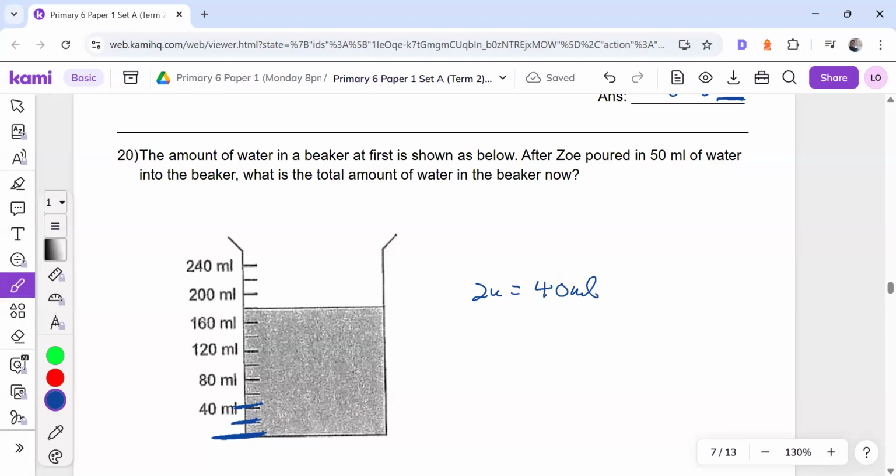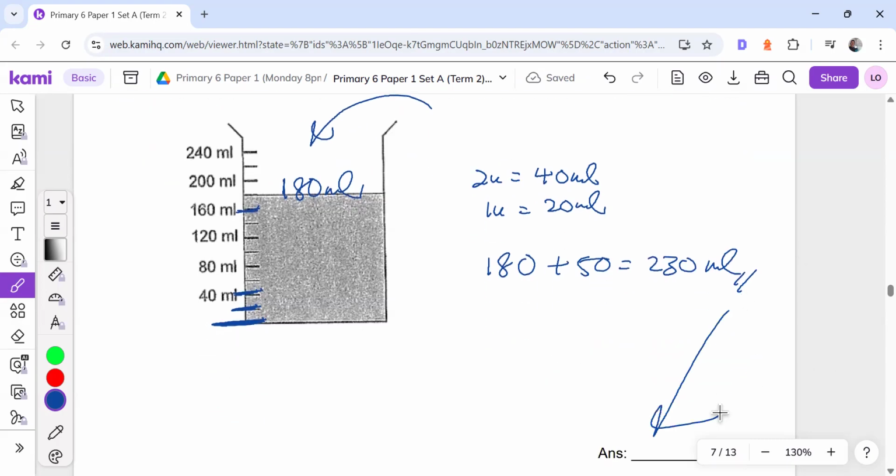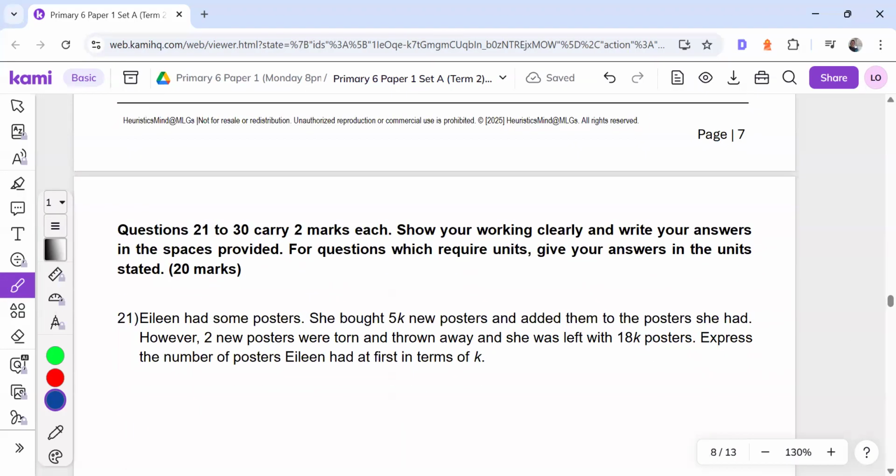And then 1 unit is 40 divided by 2. And then you start counting plus 20, plus 20, plus 20. So 160 plus 20, this is 180 ml. So you pour another 50. Wow, so easy. So how much water now? 180 plus 50, you will now have 230 ml, which is your answer. So 1 mark. In your PSLE, you can expect the 1 mark to be very simple.